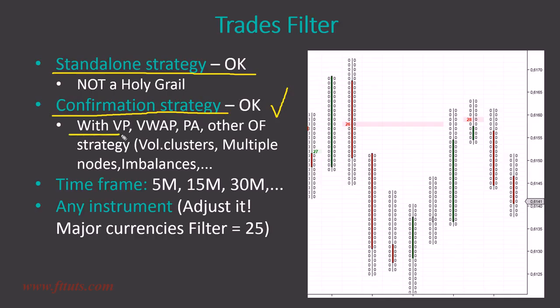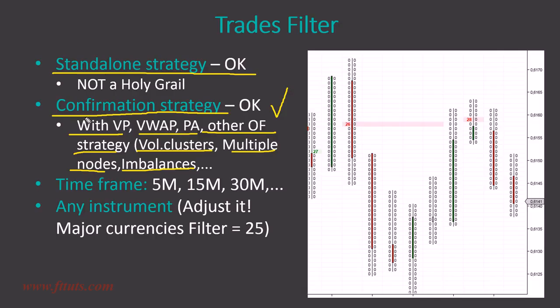for example, volume profile, or with VWAP or price action, or other order flow strategy like the volume cluster strategy, multiple nodes, or with the imbalances. It's always best to look at more strategies, to have, for example, more order flow windows open on your screen, and not only follow single trading signals, but always look at the bigger picture and at confluences.